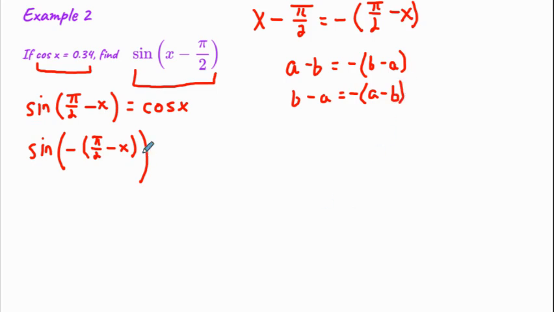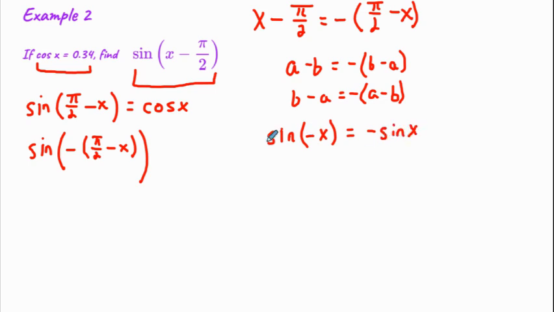Now, we have sine with a negative and then pi over 2 minus x. We want to do something with this negative. So the second thing we're going to look at is the negative angle identities. And there's a negative angle identity for sine. It says that if sine has a negative angle input, that will equal the same as a negative sine x.